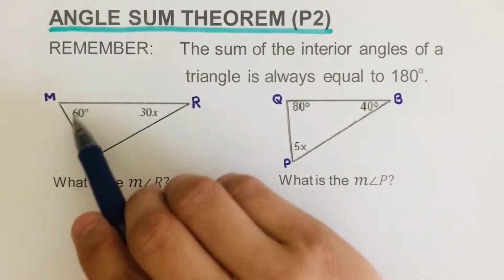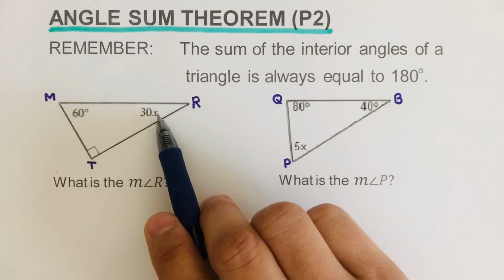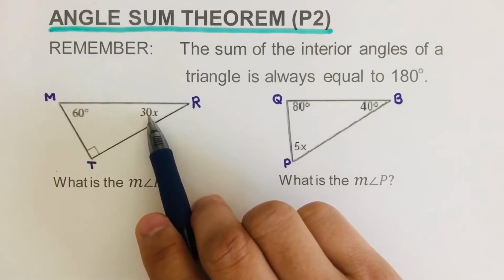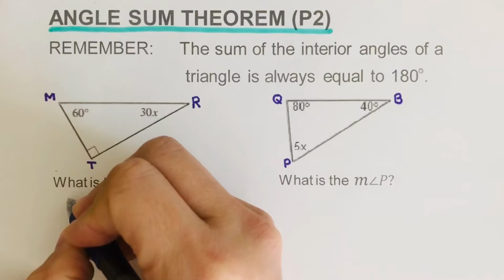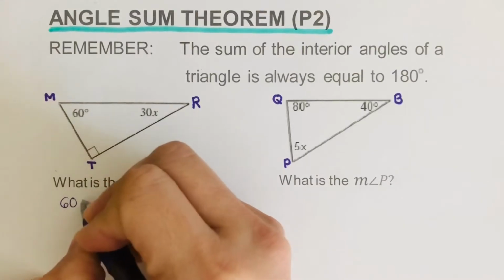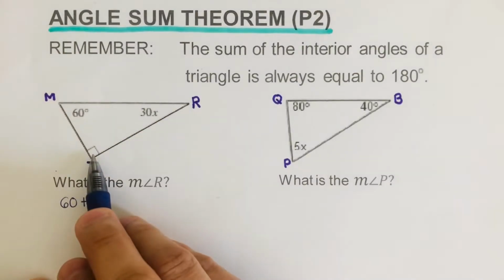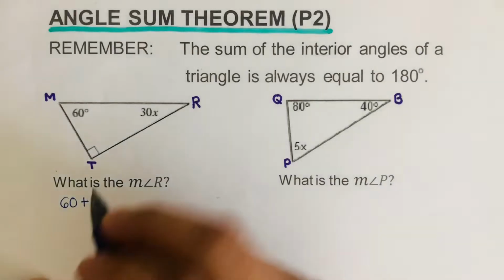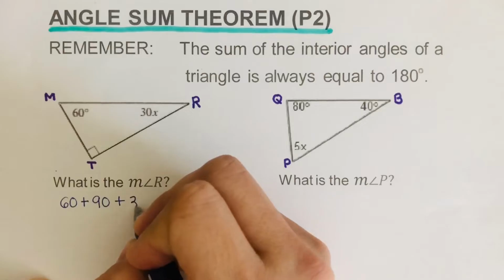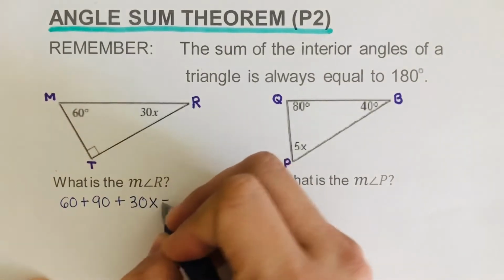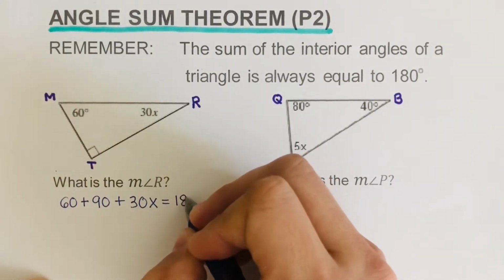So in this problem right here, we are supposed to solve for x. We don't know what angle this is because it comes with an x. To set this up, we are going to add all of them and equal them to 180. So I can write 60 plus, this small square right here is telling us that this is 90, so 60 plus 90 plus 30x is equal to 180.